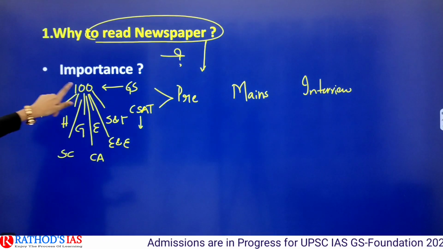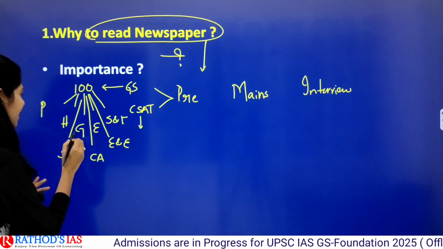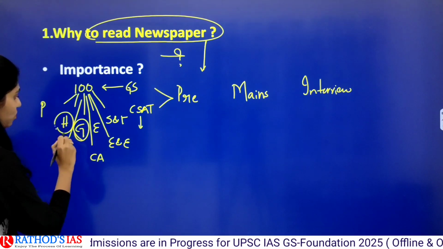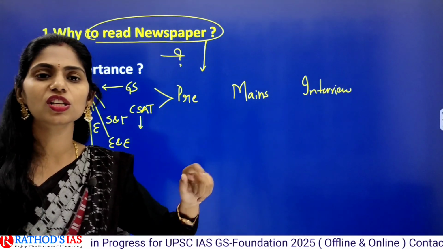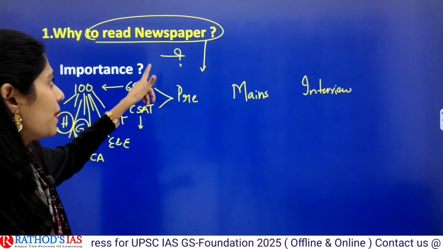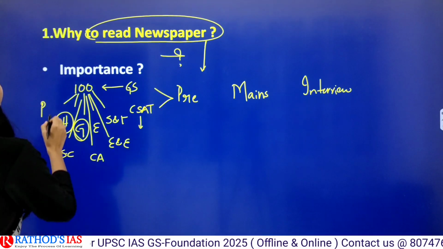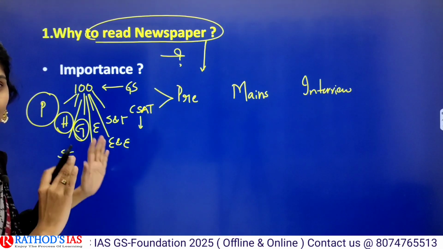If you see all these subjects, the static ones are geography and history. But even from history we can expect some questions in the prelims based on current affairs. And polity is both static and dynamic.